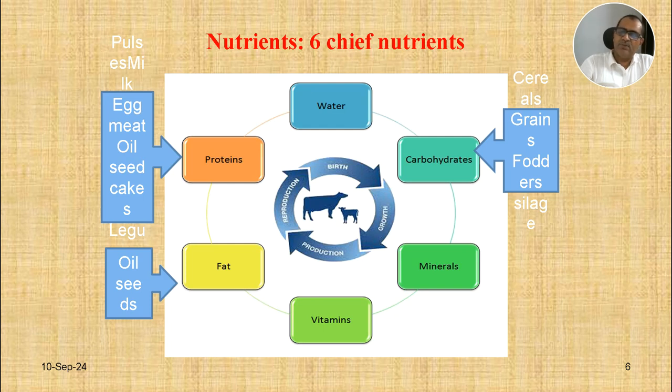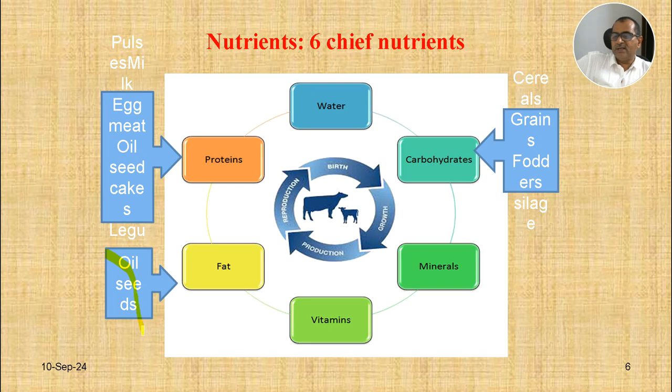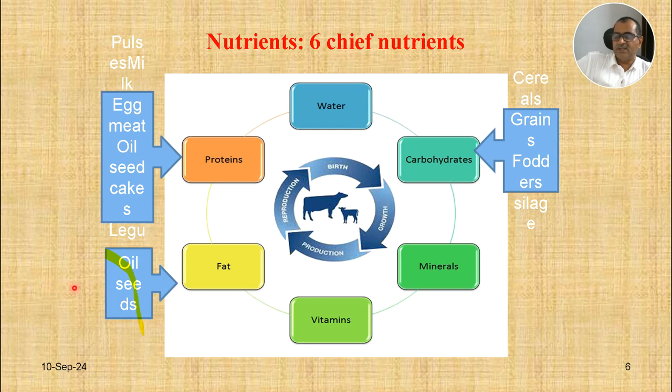These are the important sources of proteins, apart from pulses and the milk, meat, etc. The pulses and leguminous plants are also important, whereas the fat is from oil seeds. Different types of fats are there from the oil seeds. So oil-containing seeds are also important materials.